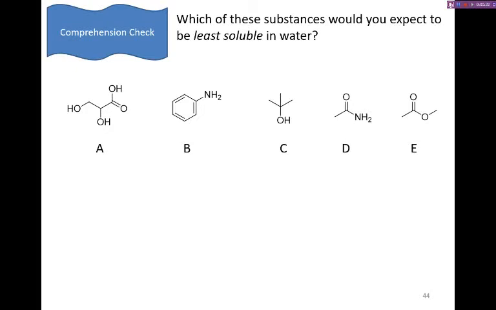Welcome back. So we want to know which of these is least soluble in water. When we talk about solubility, we're discussing the principle of like dissolves like, and we're looking for similar IMFs.